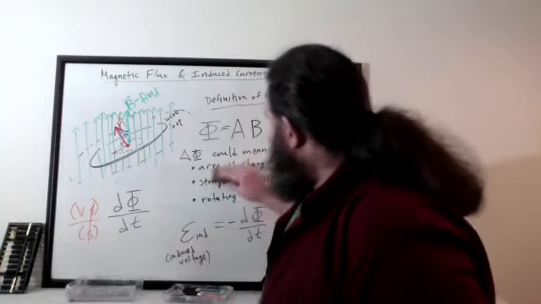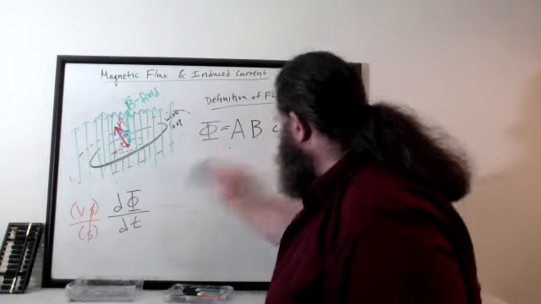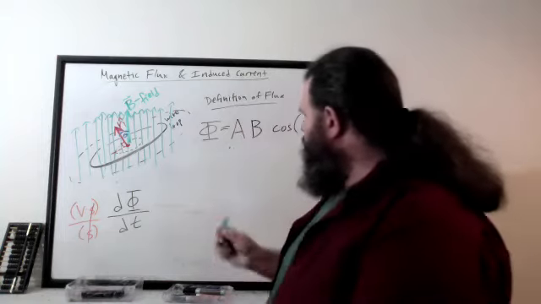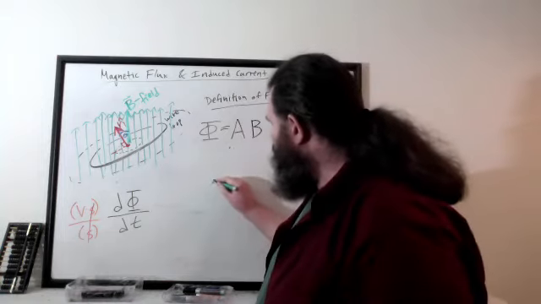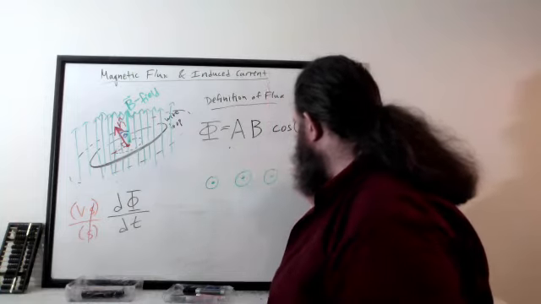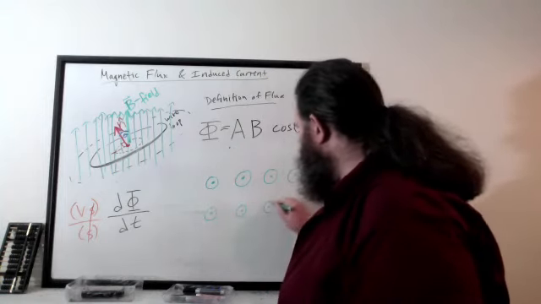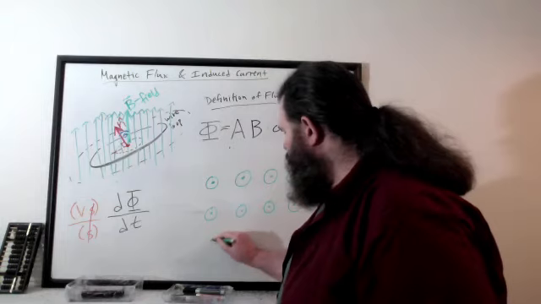Let's try an example of this. Let's go back to that example of just an upwards magnetic, or let's say an outwards magnetic field. I think this is going to be easier to visualize. So you've got a magnetic field pointing out of the page, or out of the board.